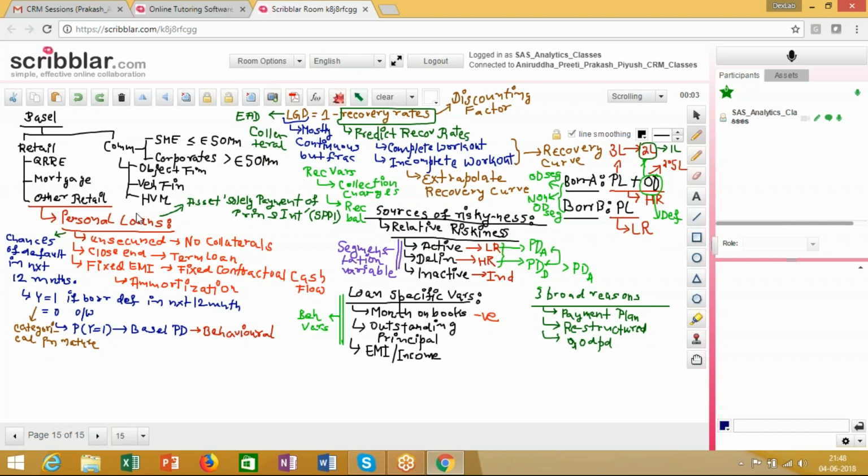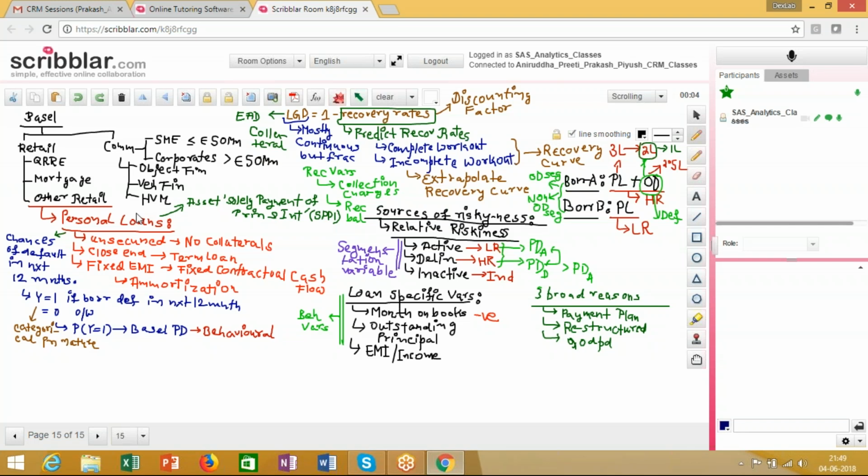The second sub-portfolio which Basel talks about is the mortgage portfolio, or housing loans: loans given to buy houses or real estate property. Mortgage loans are purely collateralized loans, mortgaged by the house that people buy.